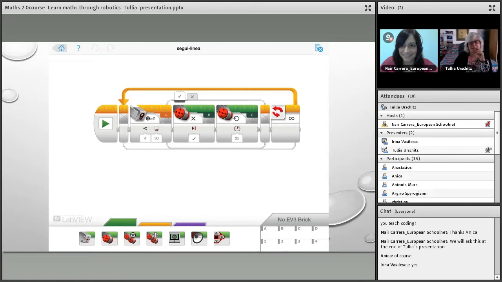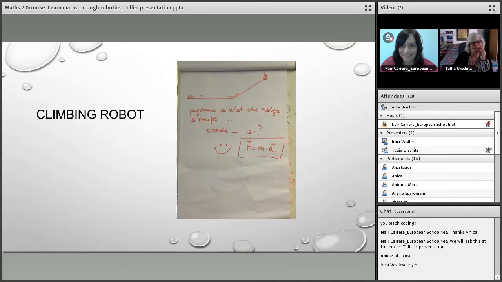And if the sensor sees the black, it goes away from the black, and so going with the logic, you can tell the robot, if something happens, then do this, else do something else. So you mix mathematics also with logic. That usually is something that you don't have time to explore in the class.